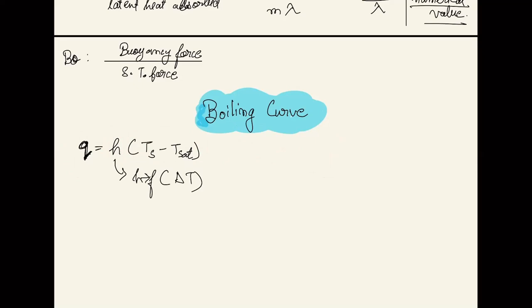If you would have plotted this particular curve, it would have looked something like this. When delta T equals 0, H will be equal to 0. So this is 0, 0.